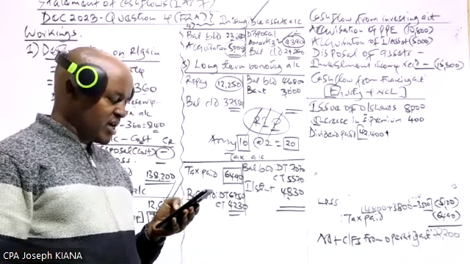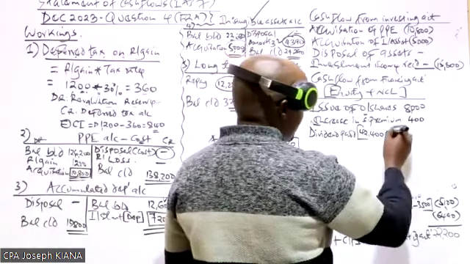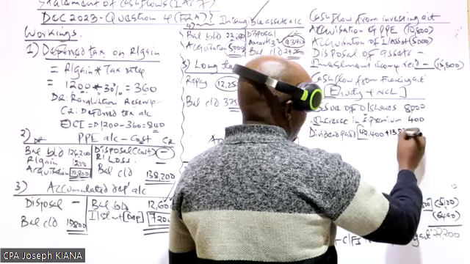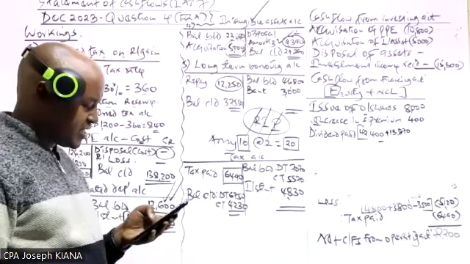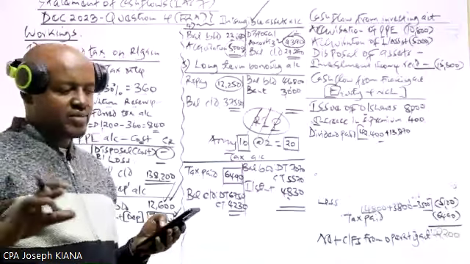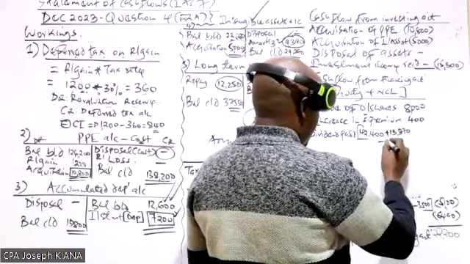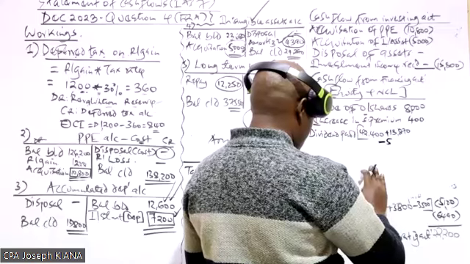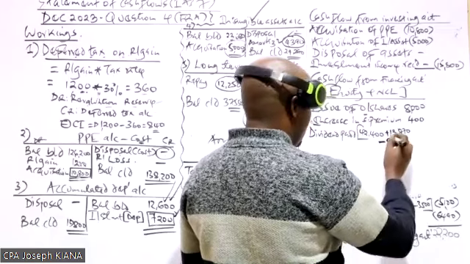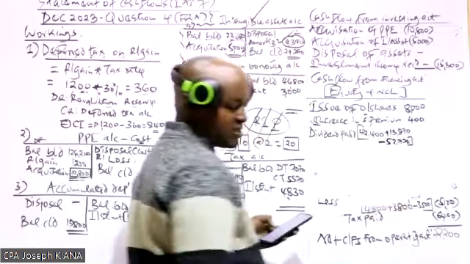From the income statement, how much is the profit for the year? It is 13,870. I hope you can see that from the income statement. After adding the two items, we less the retained earnings at the end of the year, which is in the statement of financial position, 52,770.